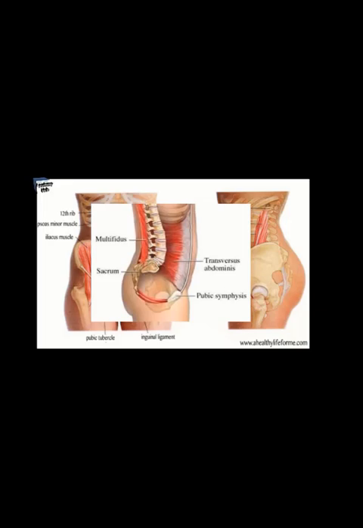Psoas major has intimate anatomical attachments to the diaphragm and the pelvic floor. This unique anatomical location allows the psoas major to act as a link between these structures and may help in maintaining the stability of the lumbar cylinder mechanism.